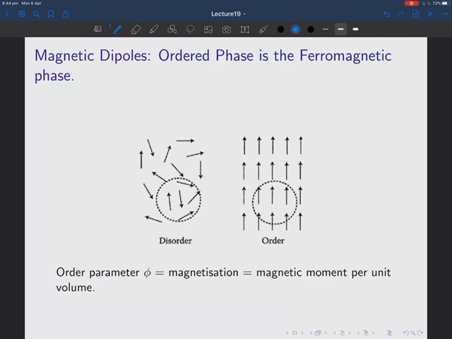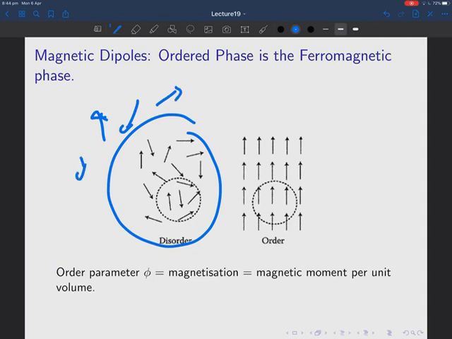Magnetic dipoles. That's an example here. Ordered phase in a ferromagnetic phase. If you have high temperatures, suppose you heat a bit of iron to 5,000 degrees or something before it melts, all the dipoles in the iron will point randomly. If you look at a small patch, there's random pointing.